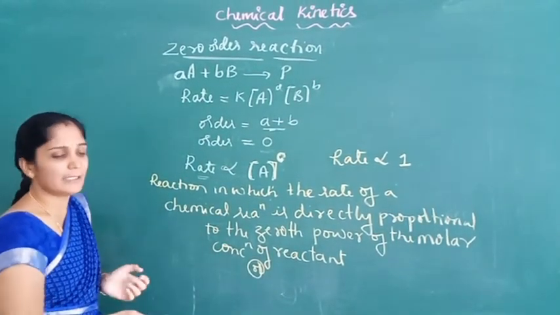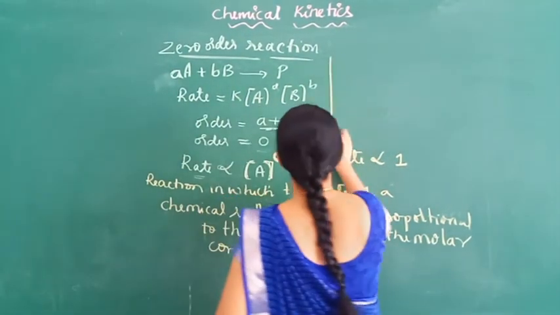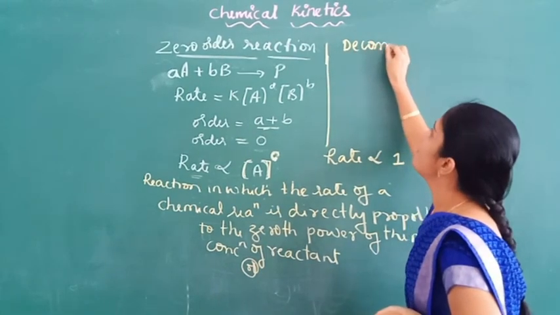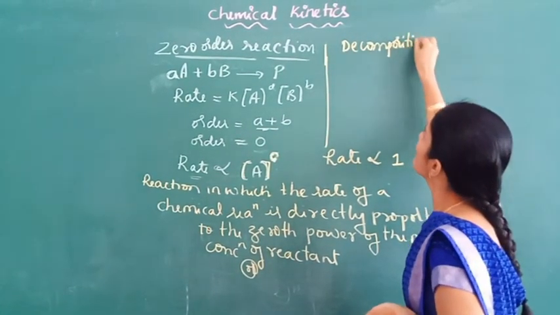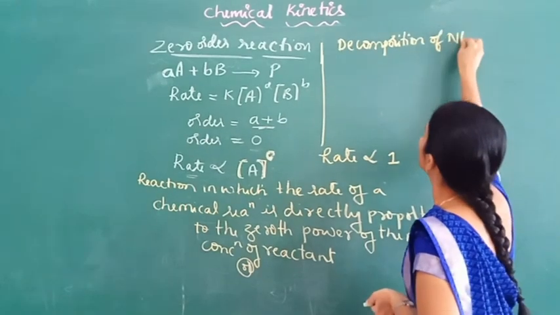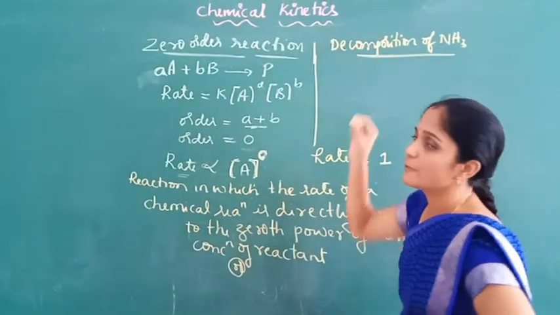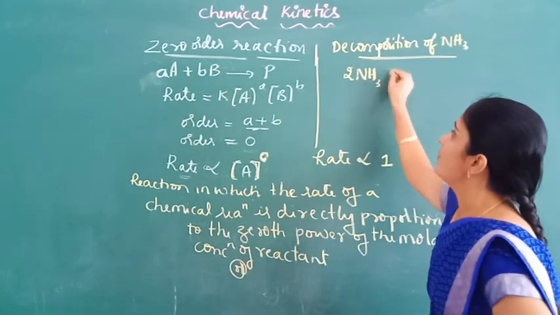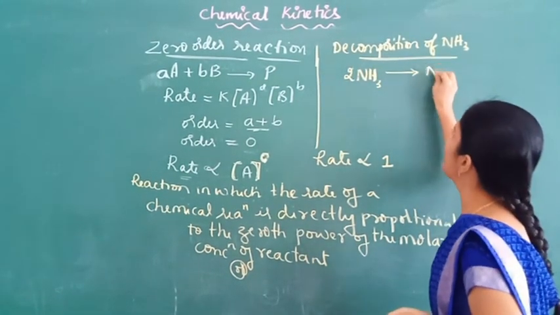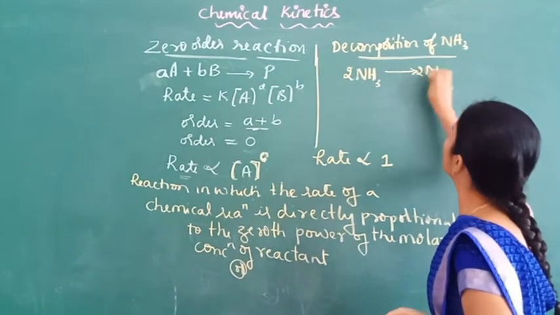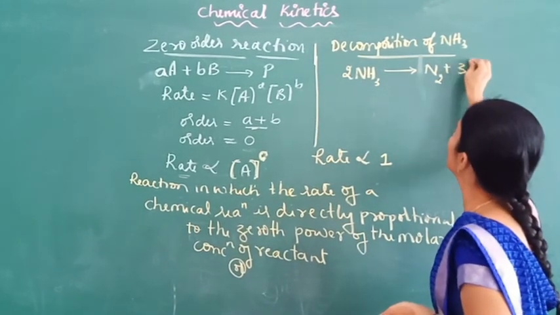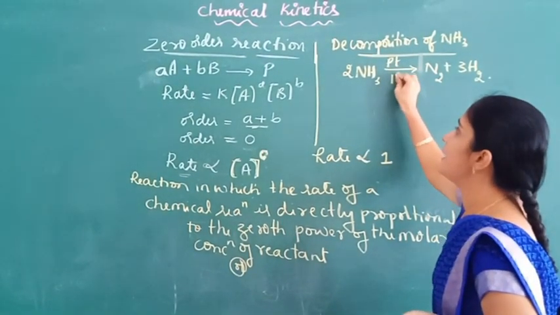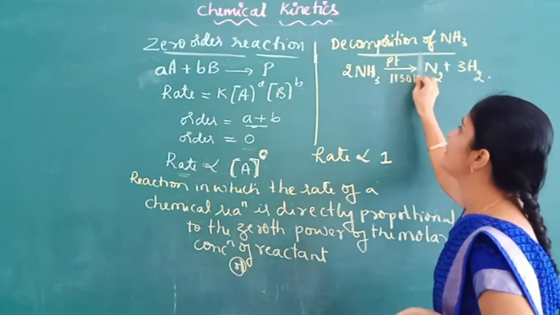Examples of zero order reactions are the decomposition of ammonia on the surface of a platinum catalyst. Ammonia decomposes to give nitrogen and hydrogen in the presence of a platinum catalyst at 1130 Kelvin.